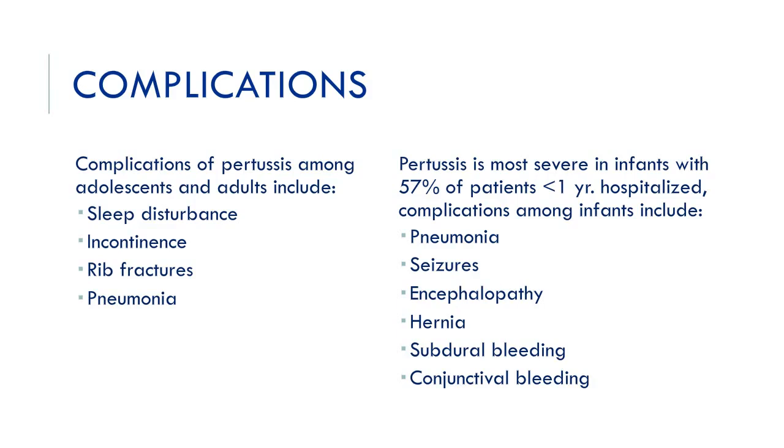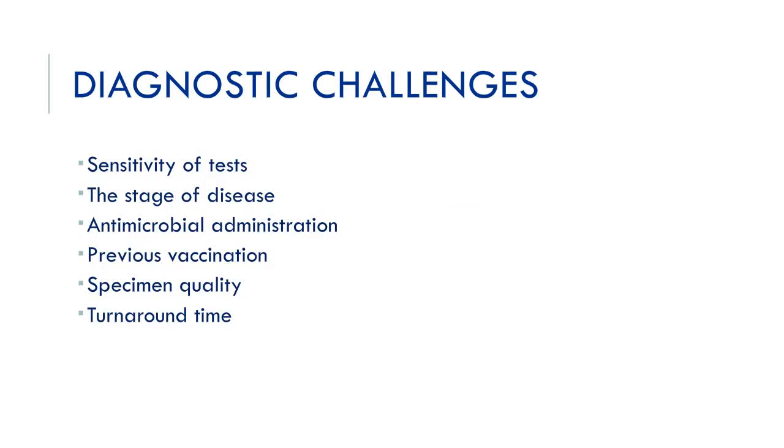Now, we know that pertussis is most severe in our infant population, with 57% of patients that are less than 1 year old being hospitalized. This is due primarily to the complications that can happen in infants, which include pneumonia, seizures, encephalopathy, hernia, subdural bleeding, and conjunctival bleeding. So again, our youngest populations are the ones most at risk for severe disease with pertussis.